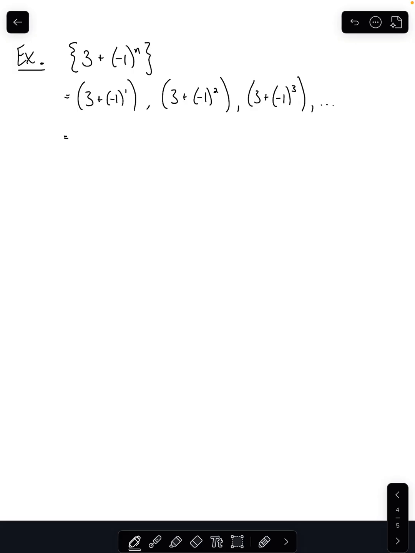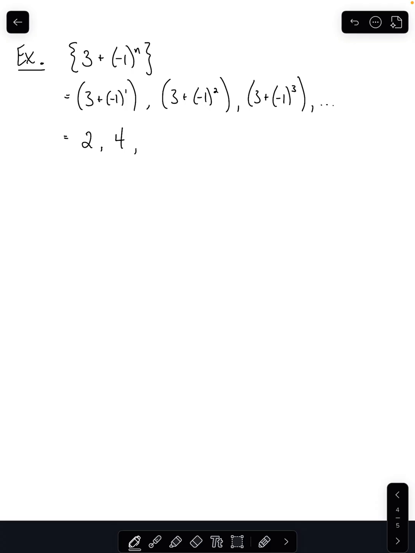-1 to the first is -1. So 3 plus -1 gives us 2 for our first term. However, -1 squared is +1. And 3 plus +1 gives us 4 for our second term. Then we have 3 plus -1 to the third power. -1 is 1 raised to a power, which will always give us 1.